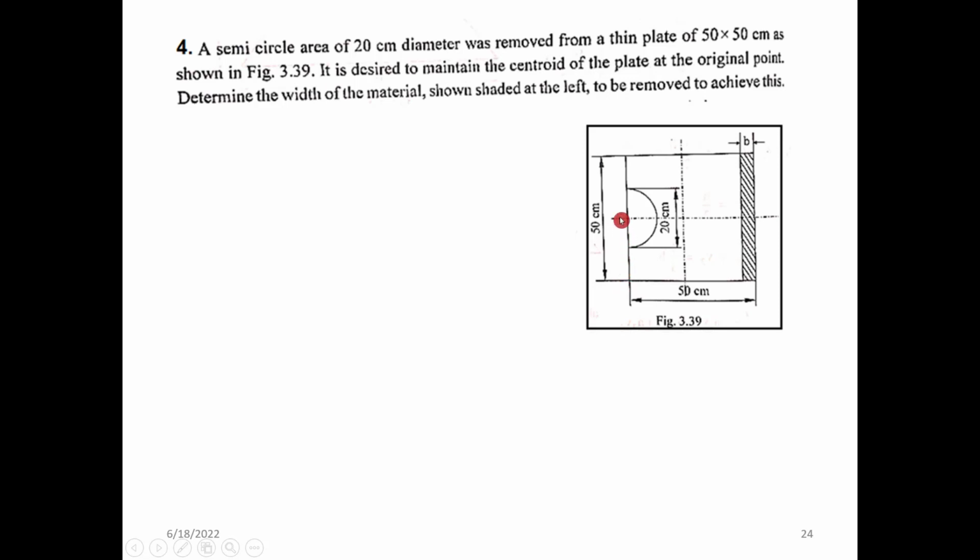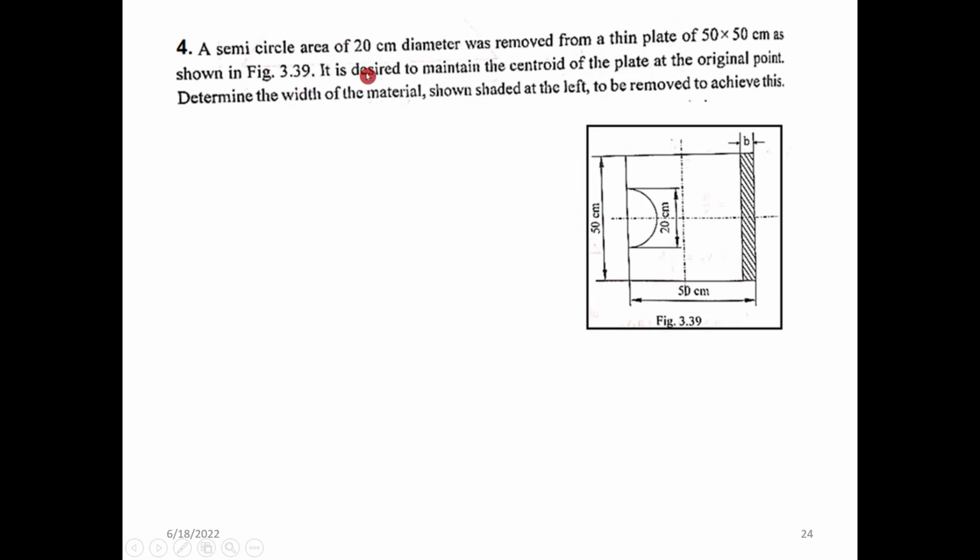This is the boundary of the geometrical figure, and a semicircle area of 20 centimeter was removed from a thin plate of 50 by 50 centimeter. So from here to here 50 centimeter, from here to here 50 centimeter. From this plate dimension, a 20 centimeter radius semicircle area is removed.